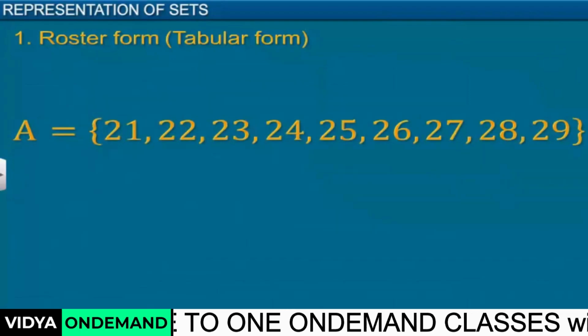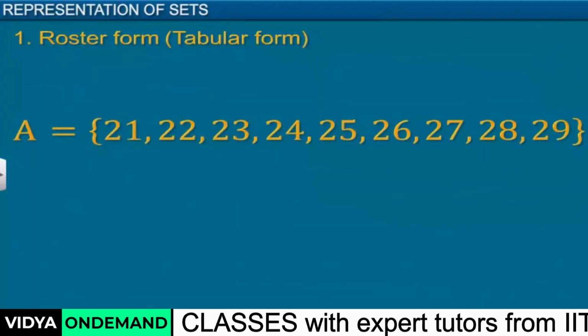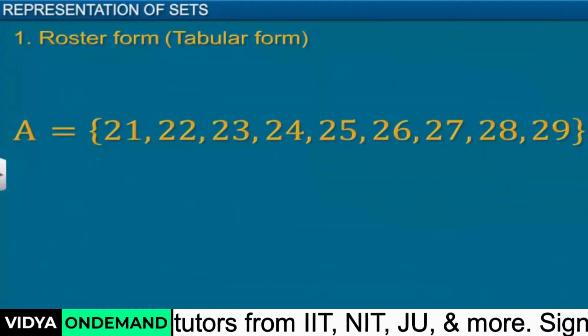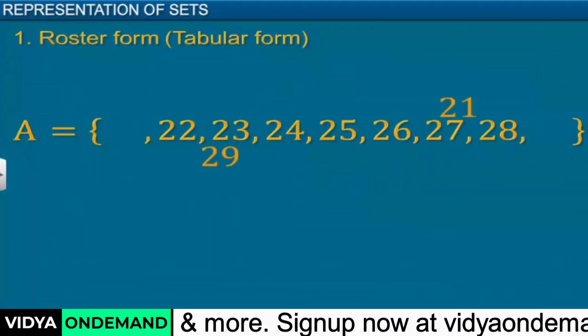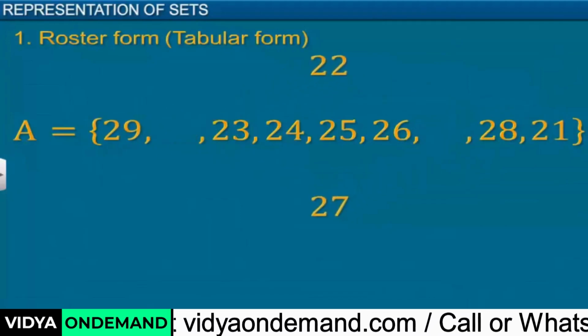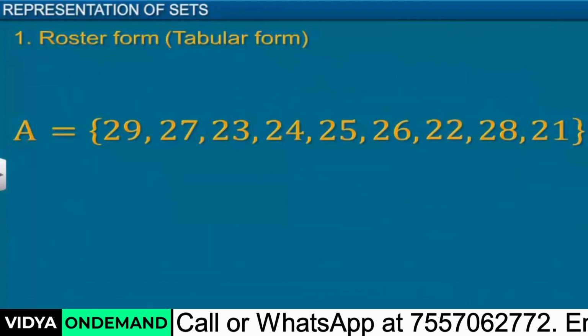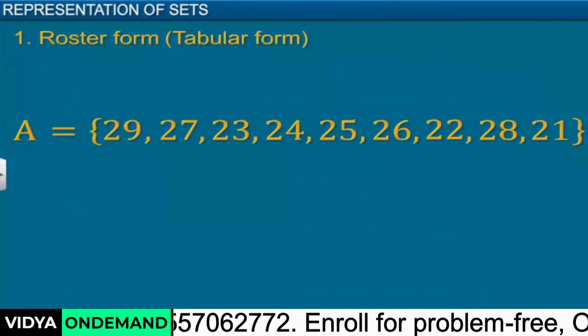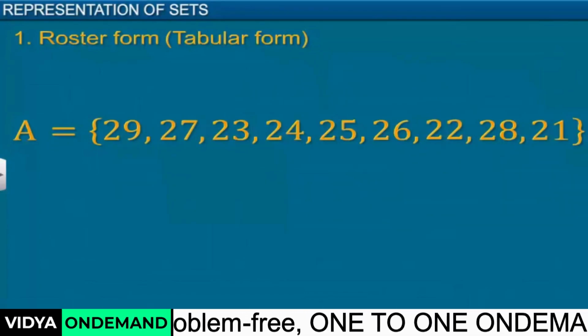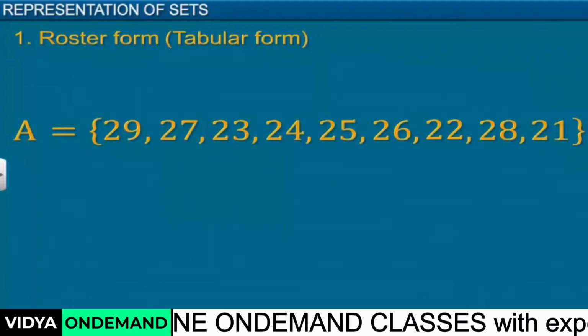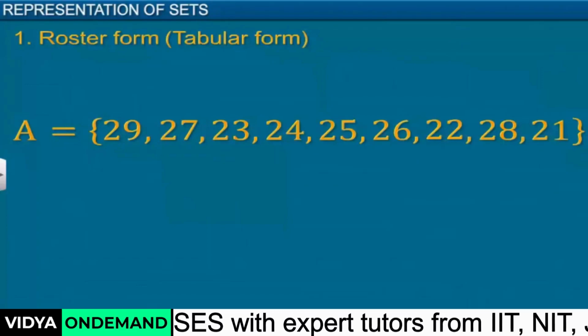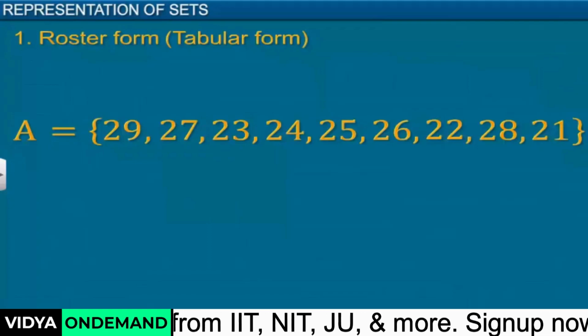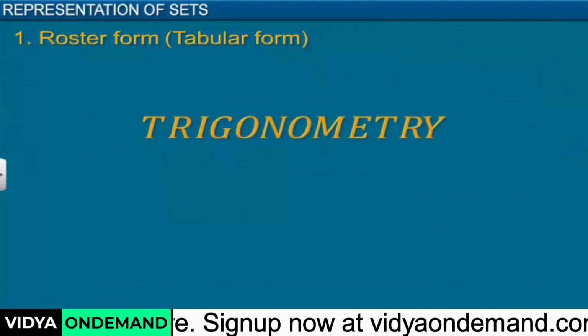It should be noted that the order of the elements in a set is immaterial. So, set A can also be written as shown. While representing a set in roster form, the elements are generally not repeated. For example, let's take the set of the letters of the word trigonometry and represent them in roster form.